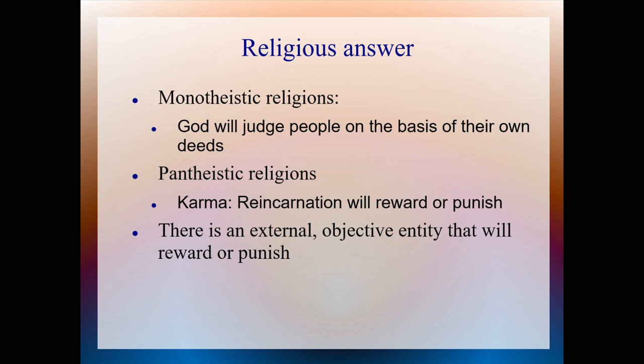All right, how would we answer this question from different perspectives? So the first is the religious answer. For monotheistic religions, the religious answer would be that God will judge people on the basis of their deeds. Monotheistic religions would be Christianity, Islam, and Judaism.